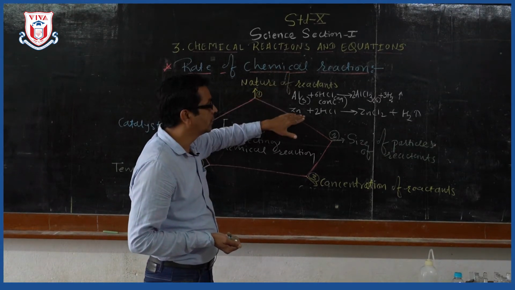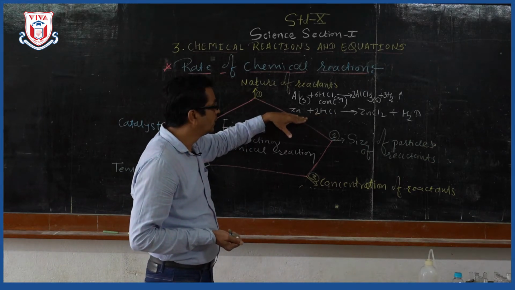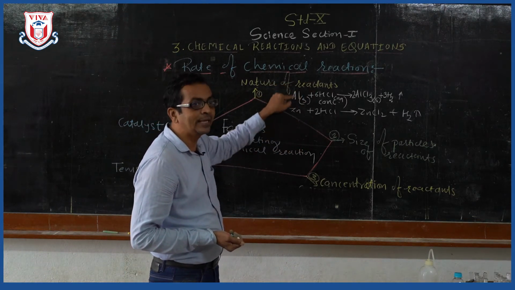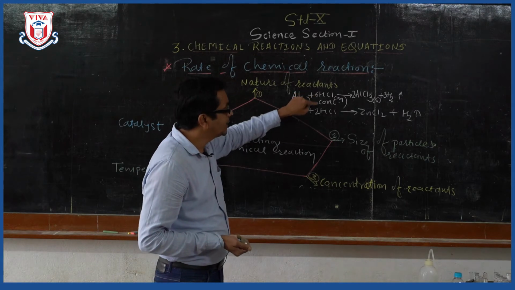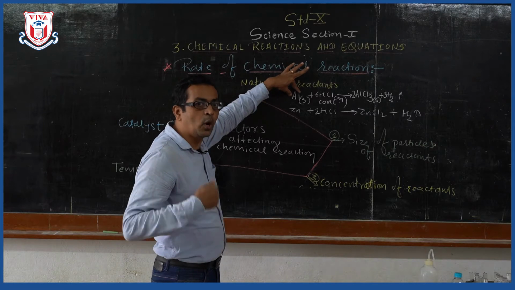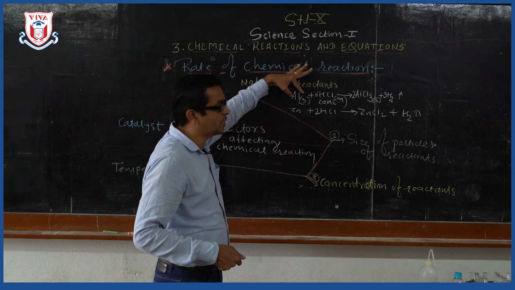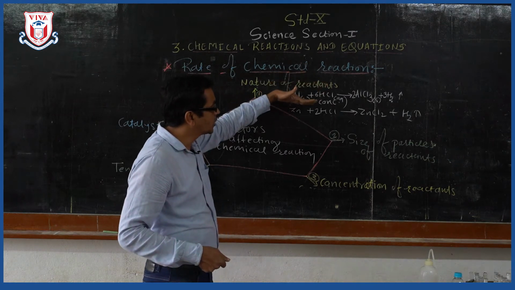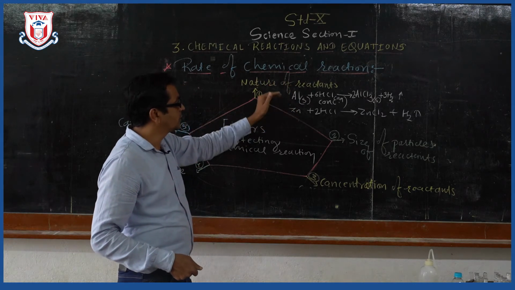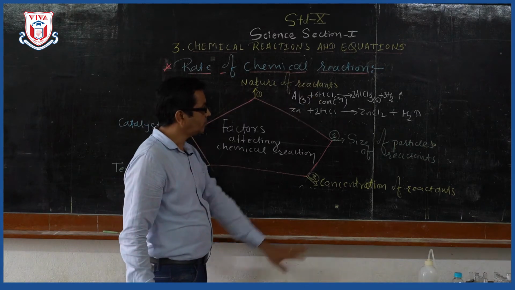Understood? So the rate of reaction depends on the nature of the reactant which we use. HCl is the same in both cases, but aluminium is more reactive than zinc. So this is the first factor affecting the rate of chemical reaction.